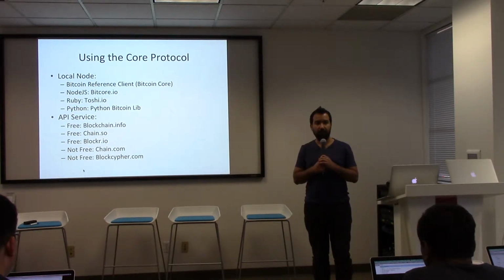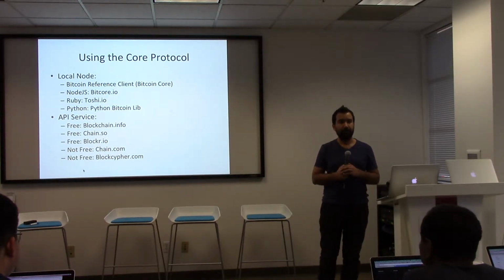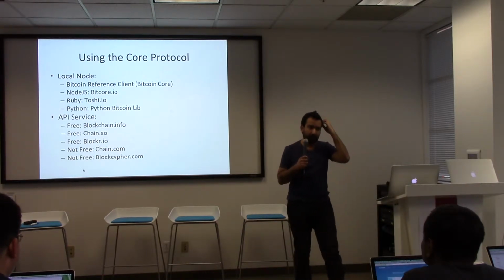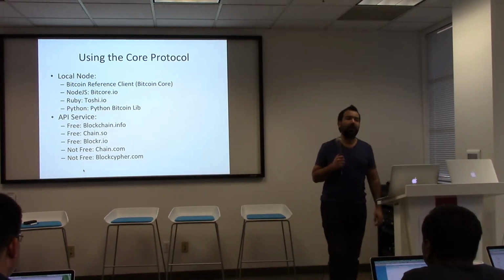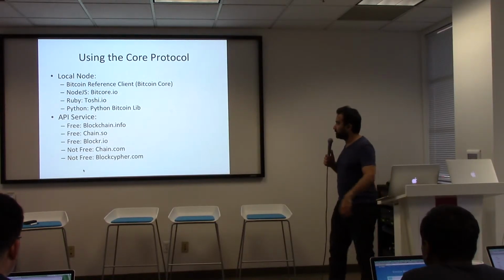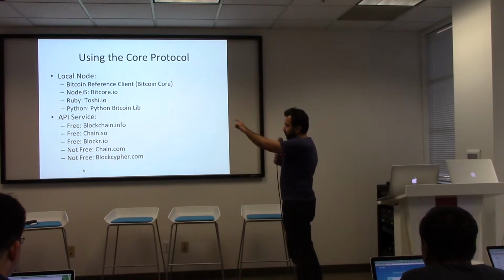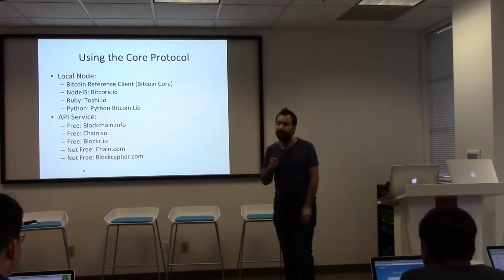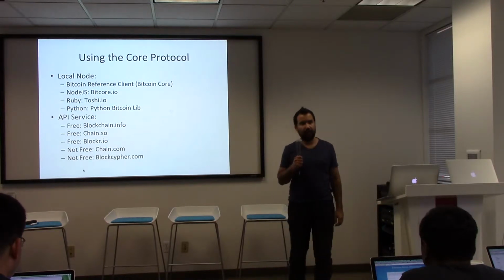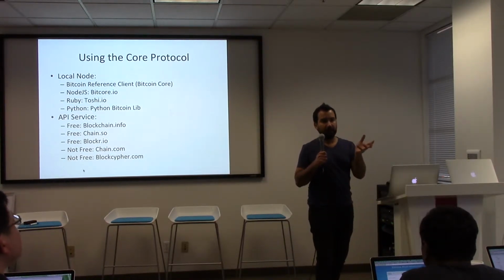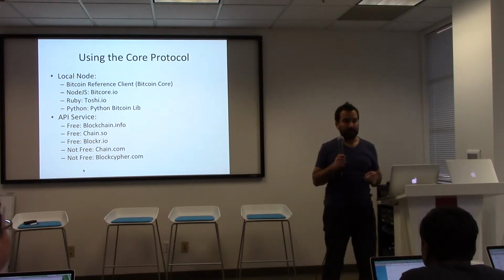I was asking about the local nodes, like if you take, say, the Node.js or the Ruby one, do they rely on the C++ client also, or are they totally full implementations? The question is, the nodes that we talk about in Node.js, Ruby, and Python, are they relying on the same Bitcoin reference client? No, they're not. The entire idea behind them is to be a full node by yourself in that particular language.